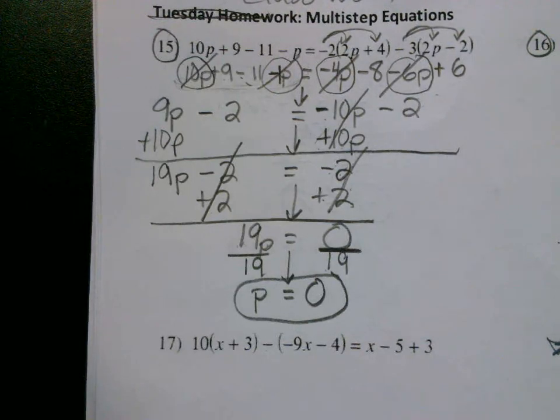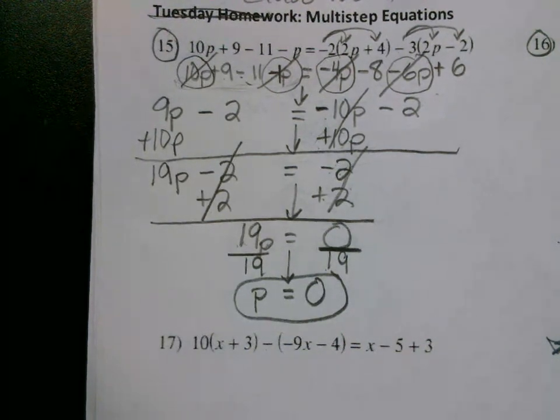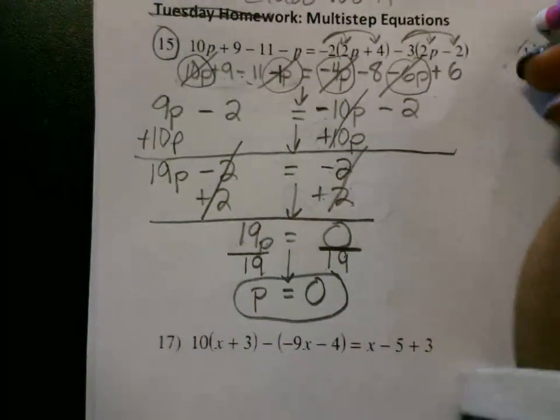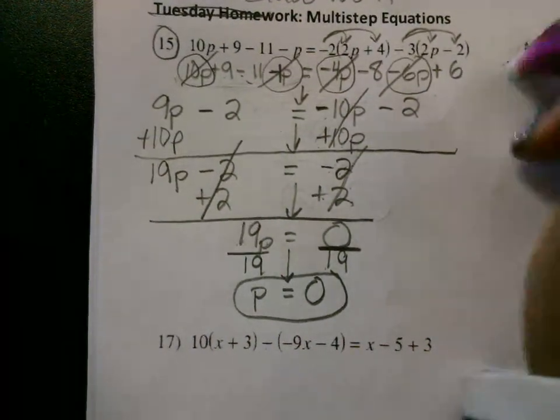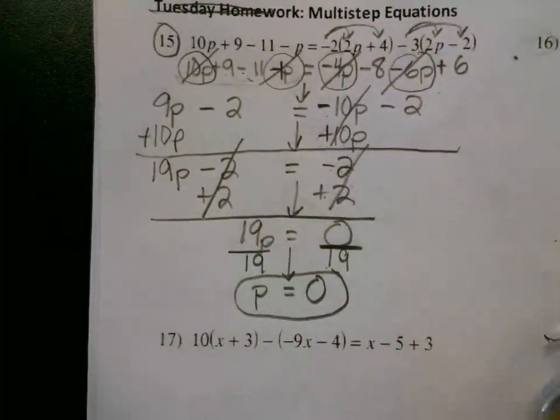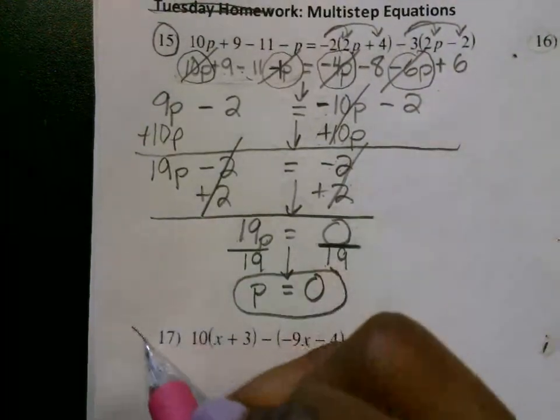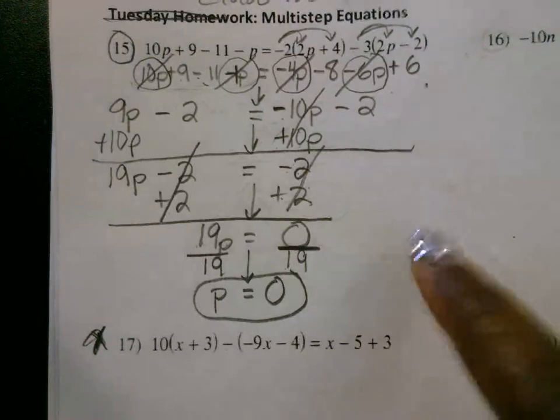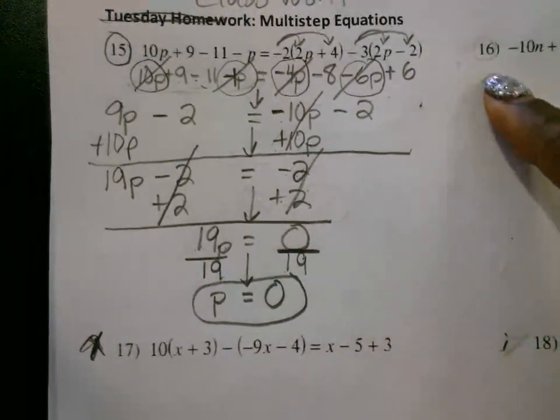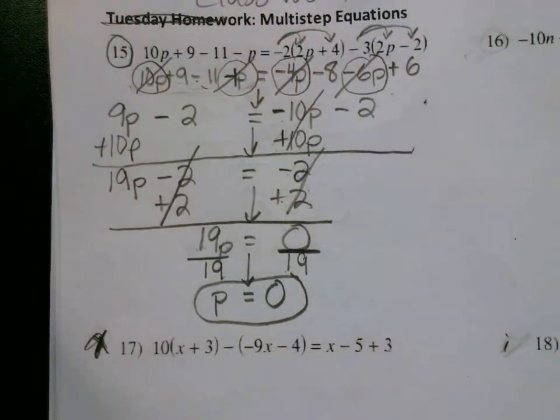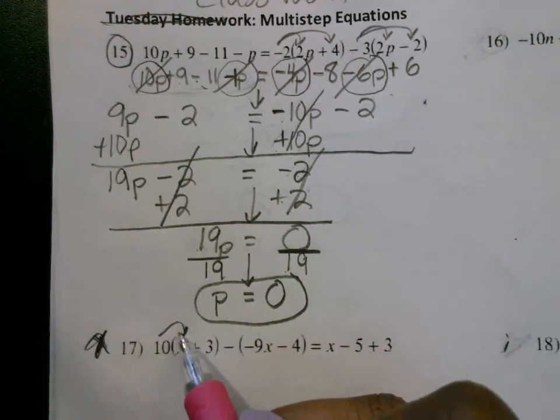All right, so now let's erase this. Instead of doing 16, I want you to try number 17 on your own, and we're going to move on. I'm going to leave 15 here so you'll have an example. We're going to do number 17 exactly how we did 15. You have distributive property first.